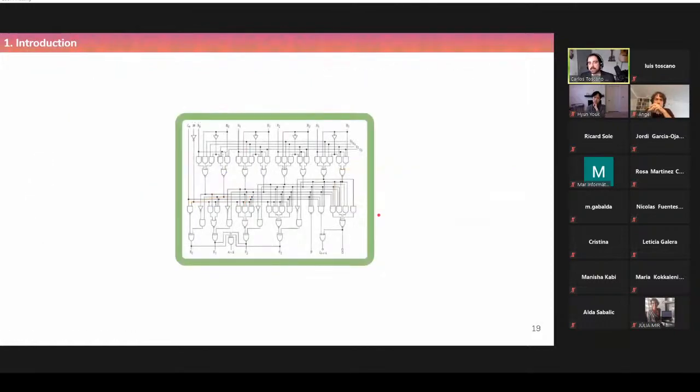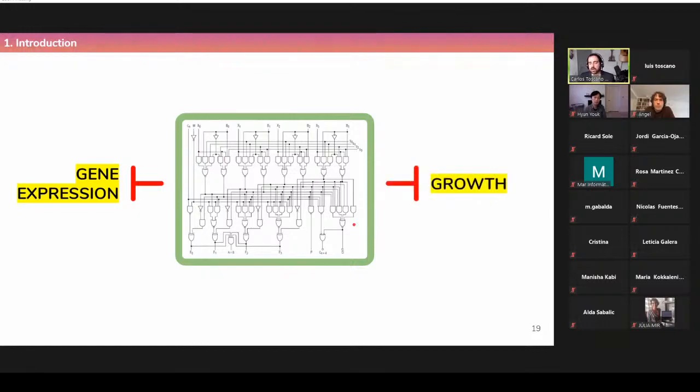Now, does it mean that we can no longer create complex circuits inside one cell? Well, certainly we have the problem of negatively affecting gene expression, and also the problem of negatively affecting growth.